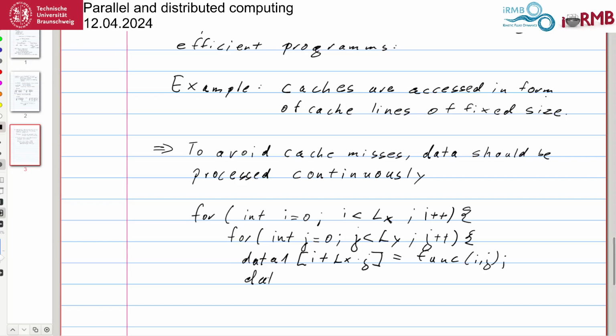And I do something else, data2, indexed by j plus Ly times i, which is again the same function; what it does is not important now. Then I put a semicolon and close these two brackets. So now it's your turn: tell me which of the two is a good idea and which is a bad idea, and why.